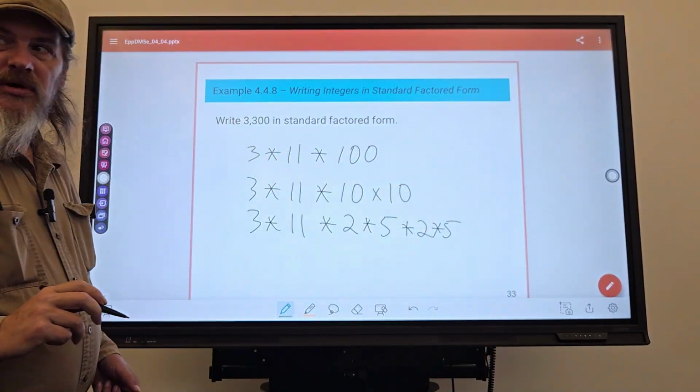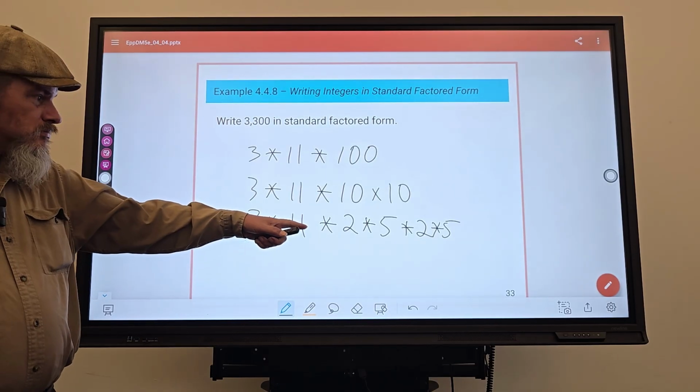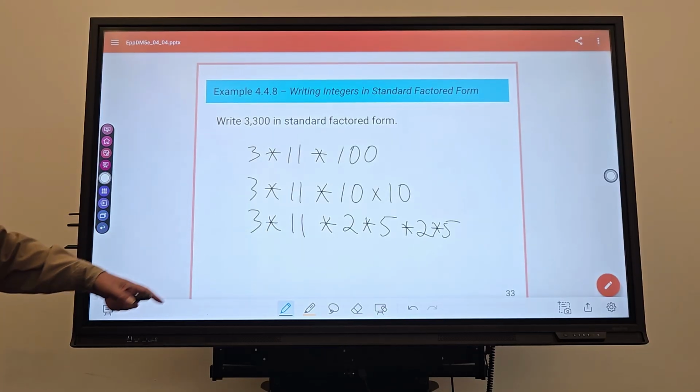So those are all prime numbers, right? So that would be the prime factorization.